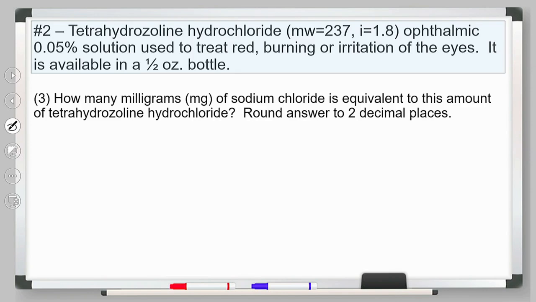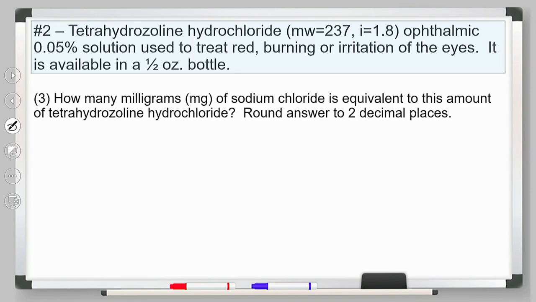So answer me this. How many milligrams of sodium chloride would be equivalent osmotically to my 7.5 milligrams of tetrahydrolysine? I know that's the amount of tetrahydrolysine I need therapeutically, but I want to know how much sodium chloride that mimics in solution.